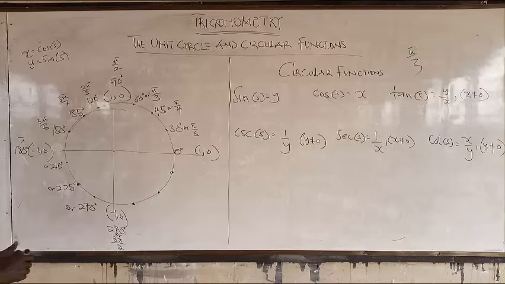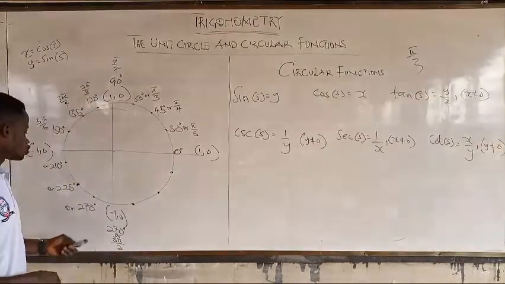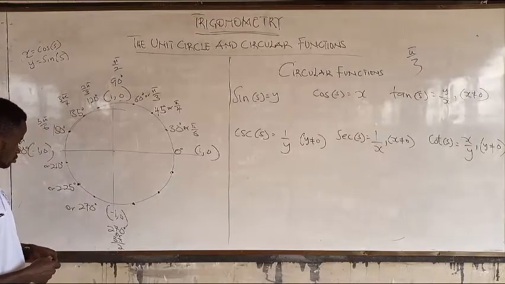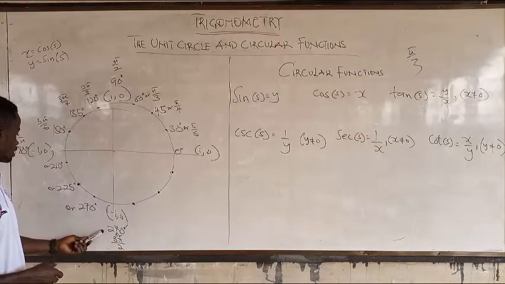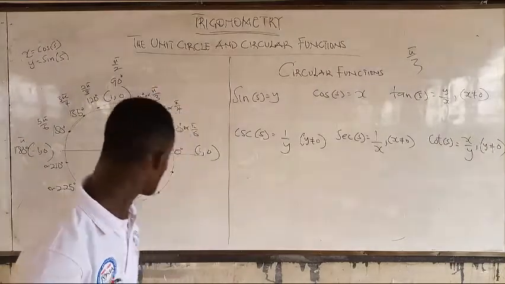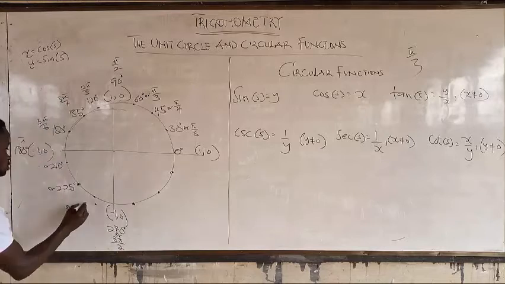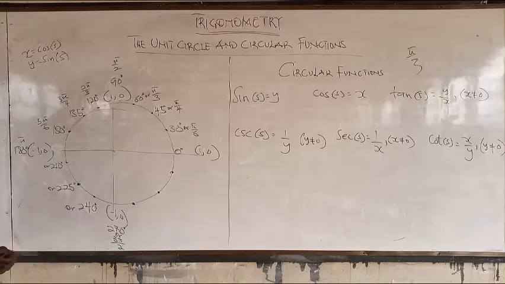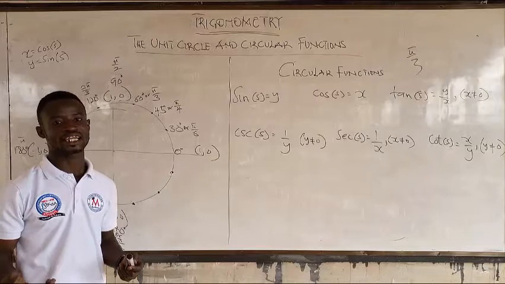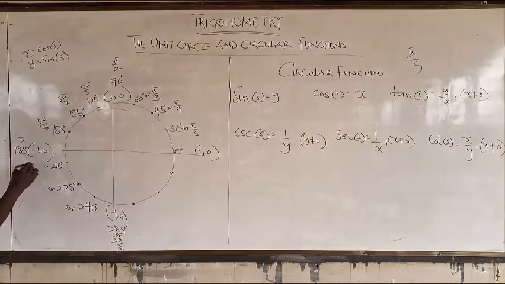So now let's go for the radius measures. Alright. That is 240. Now for the 210, the radius measure is going to give you 7 pi on 6.